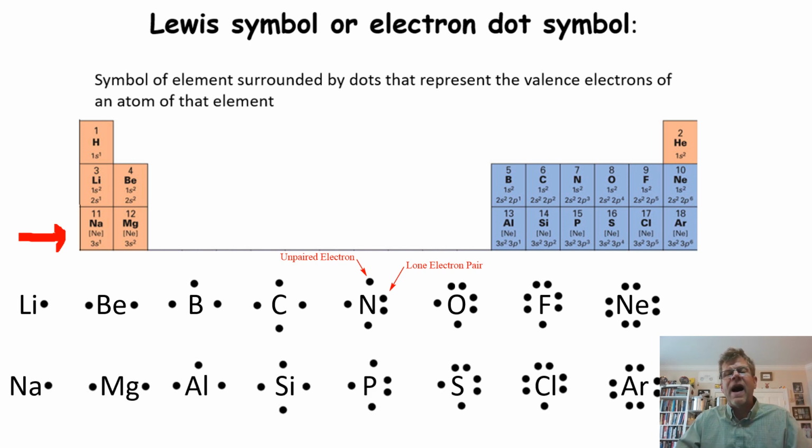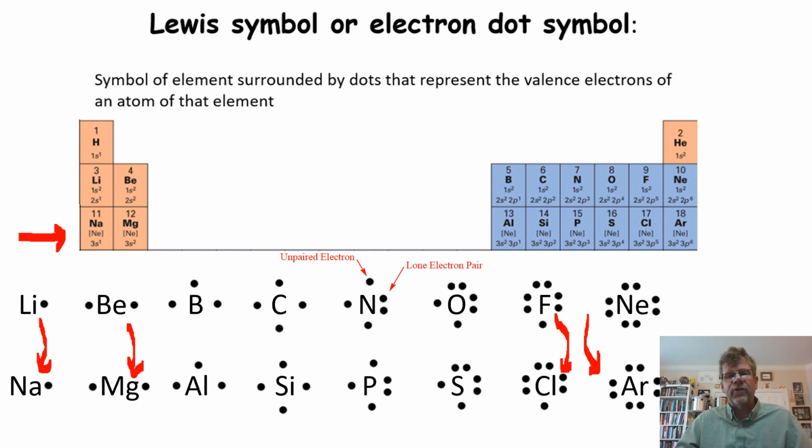We have identical Lewis structures between, say, lithium and sodium, between beryllium and magnesium, between fluorine and chlorine, between neon and argon, between all of them.